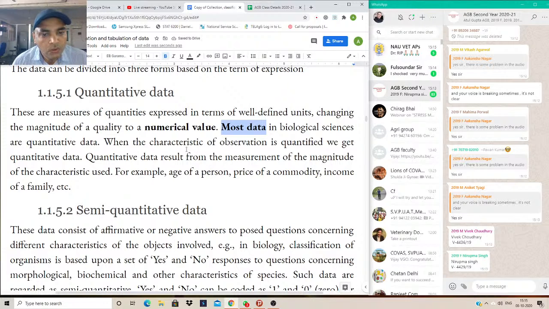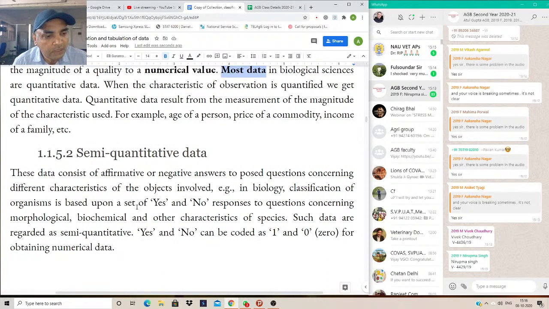It results from, for example, the age of a person or the price of a commodity. I have already told you in my previous lectures that normally distributed data are most of the time quantitative in nature, and their quantity can be measured in a numerical value that remains on a continuous scale. That is, we can have infinite possible observations from a quantitative data.